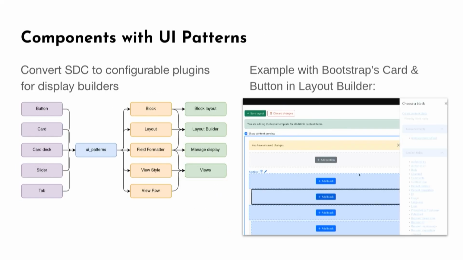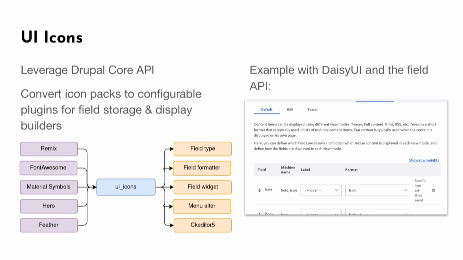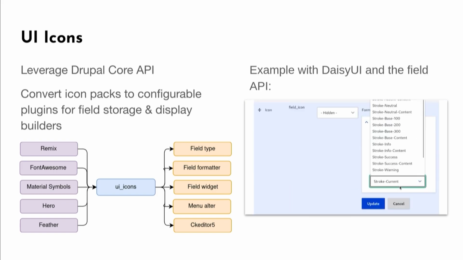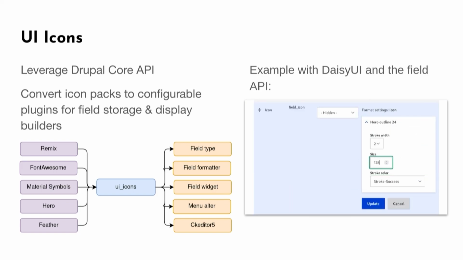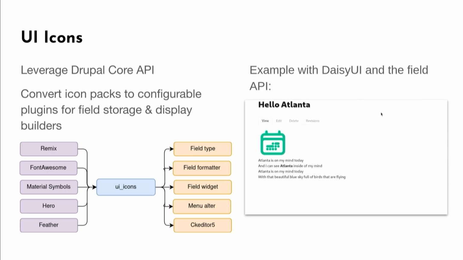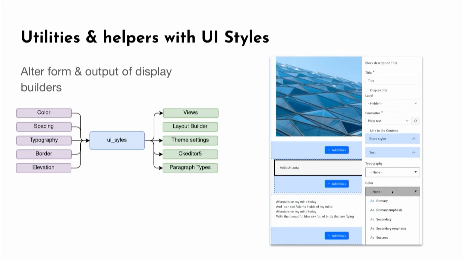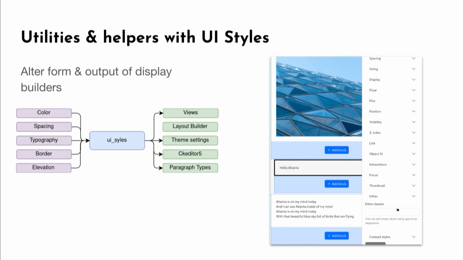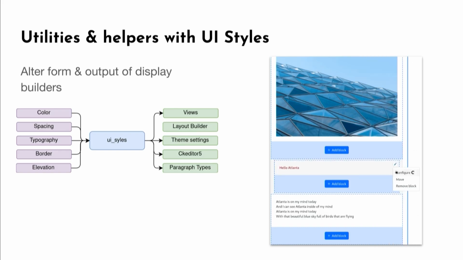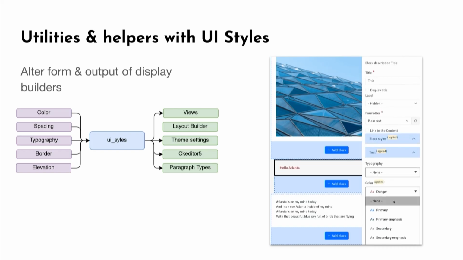So here I can see my Bootstrap card and button used as layout and block in Layout Builder. A Daisy UI icon stored in a field and displayed by a field formatter. And some Bootstrap style utilities applied to part of a region of the layout builder.